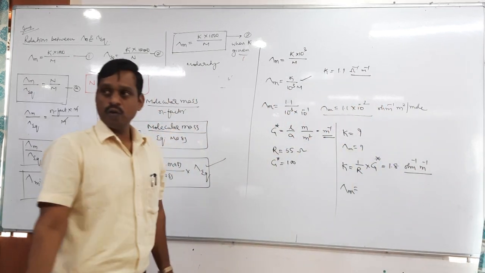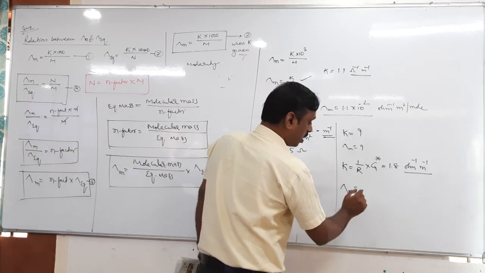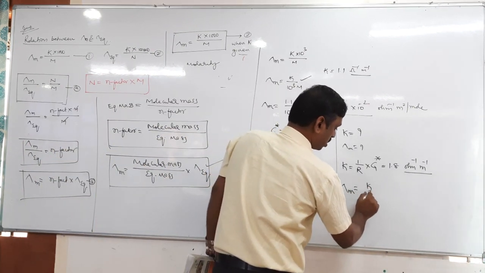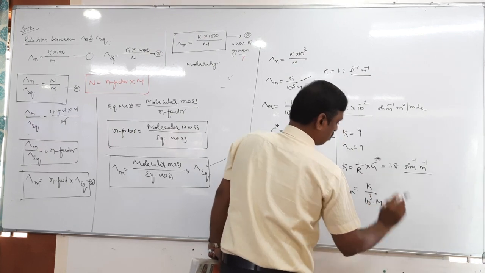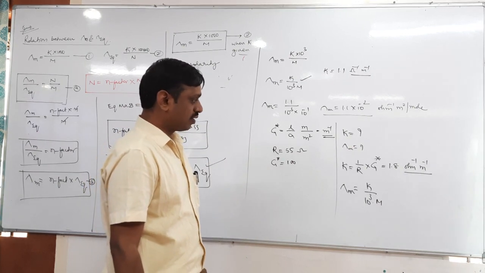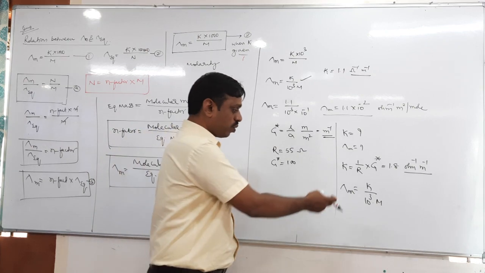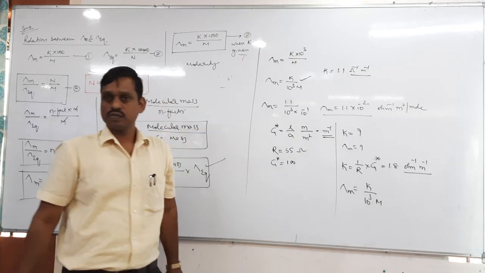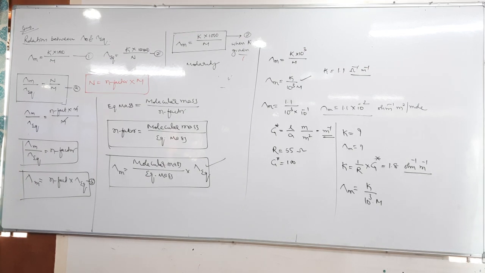Then lambda m equal to K divided by 1000 into molarity. Substitute the K value and M value.